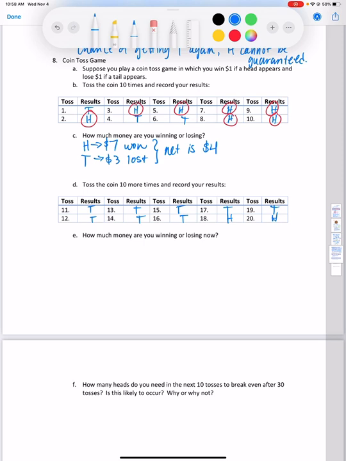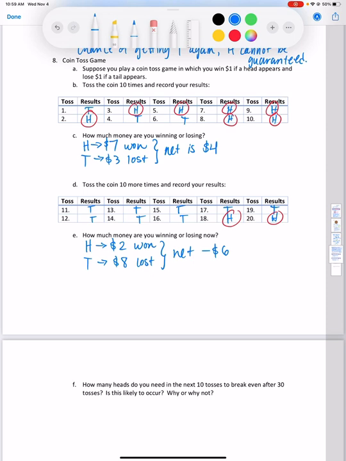Okay, so I got lots of tails that time. Let's see how much money we're winning or losing now. So we're going to count our heads. And there are 2 heads. Okay, so since I've tossed it 10 more times, I have 2 heads. $2 won. Tails must be 8. Lost. So my net for this round of 10 is going to be negative $6.